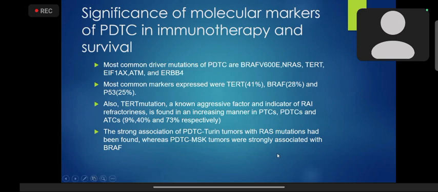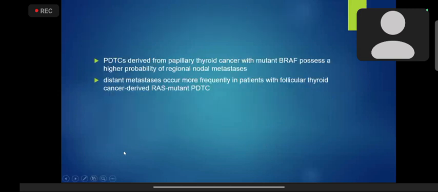It is found increasing: in PTC it is only 9%, in poorly differentiated thyroid cancer 40%, in anaplastic 73%. A strong association of PDTC Turin tumors with RAS mutation has been found, and PDTC MSK tumors, now changed into differentiated high grade carcinoma, are associated with BRAF mutation.